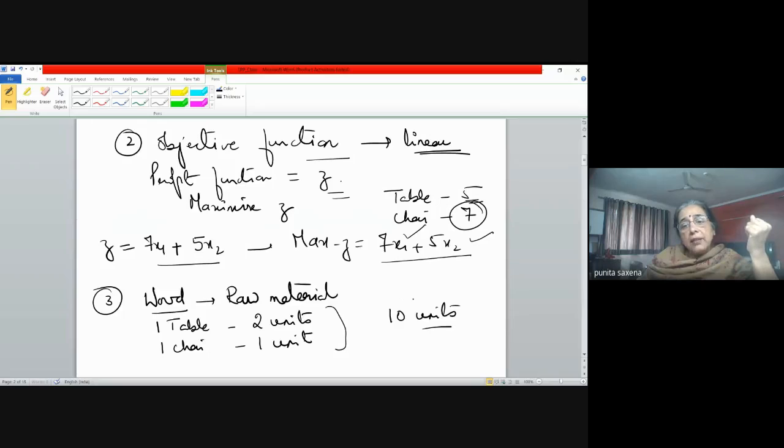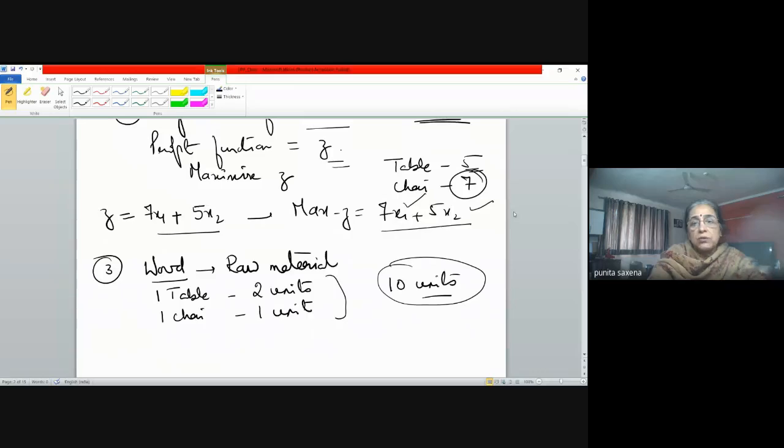That means at the most we can use only 10 units of wood, right? Now, if one table and one chair need 2 and 1 units respectively, how many chairs are we making?